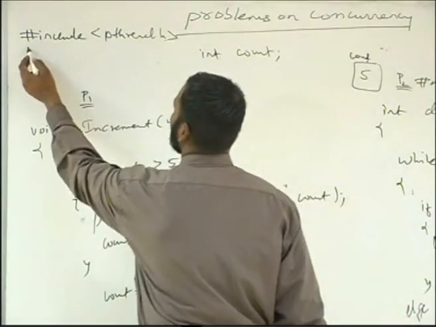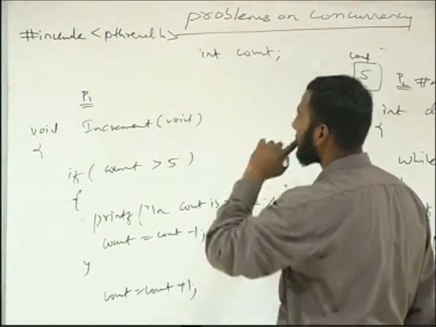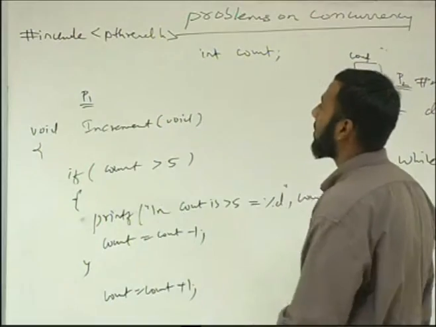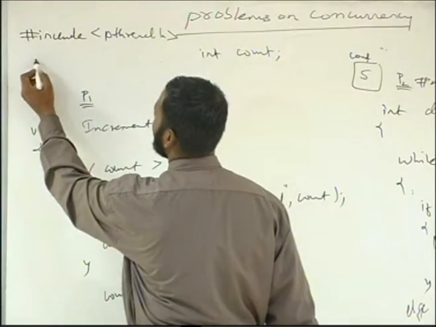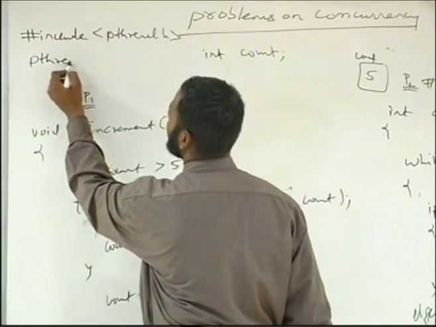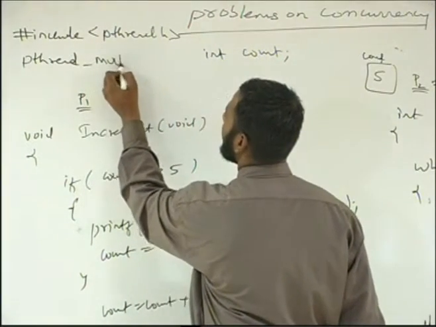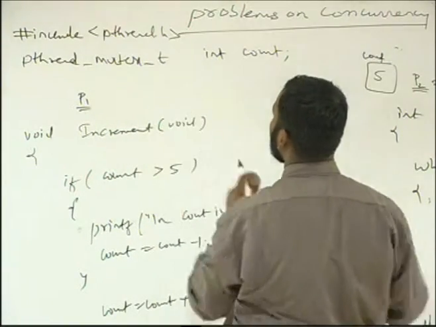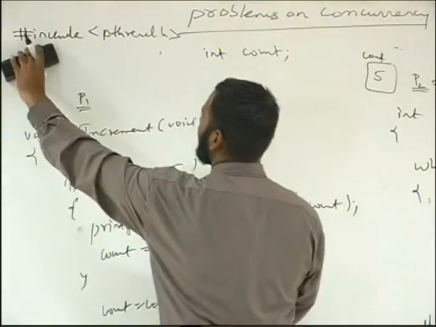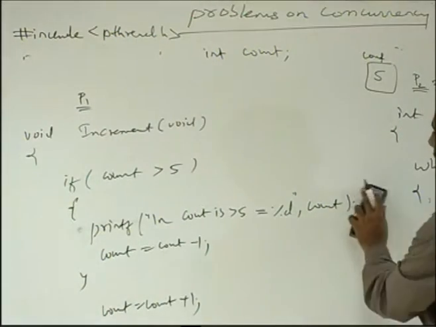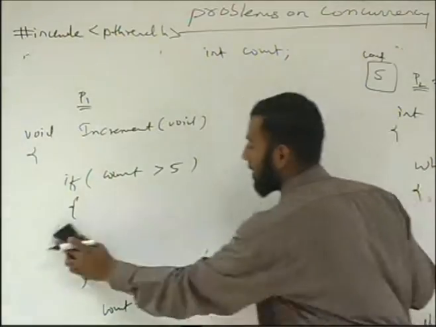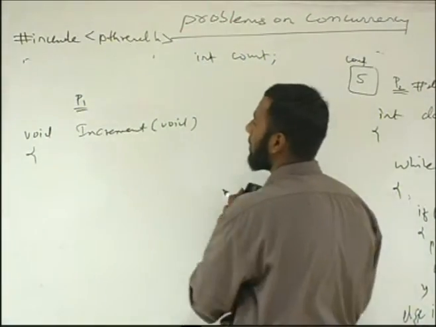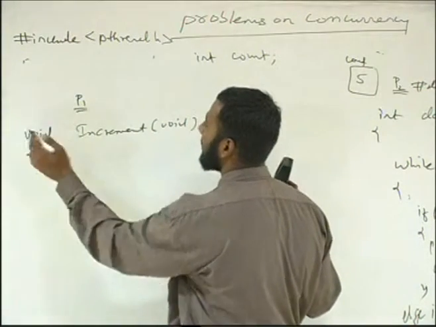Now, inside this we have to declare one mutex, pthread_mutex_t. I'll write the solution here, since I don't have space. Suppose this is main.